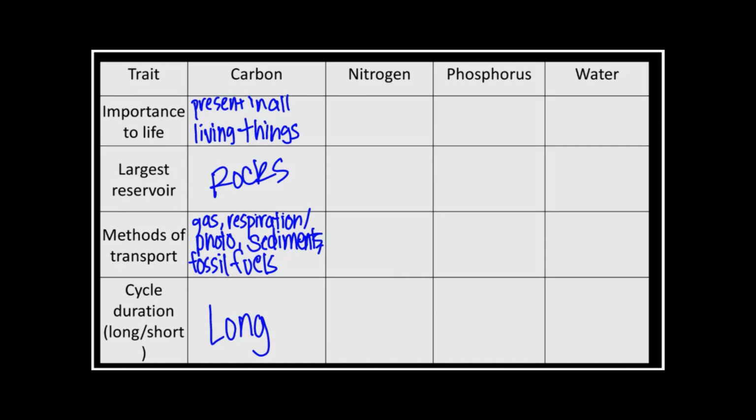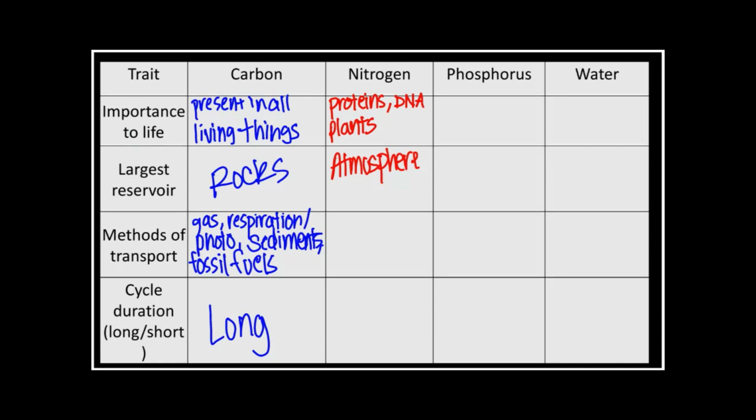So now let's go to nitrogen. Nitrogen is so important. It is in proteins. Amino acids are made of nitrogen. It's in DNA. And plants need it. Plants take up nitrogen from their roots. The largest reservoir of nitrogen is the atmosphere. If you're in APES A right now, we'll get to the exact percentages when we get to the atmosphere unit.